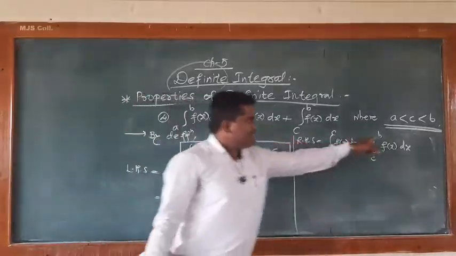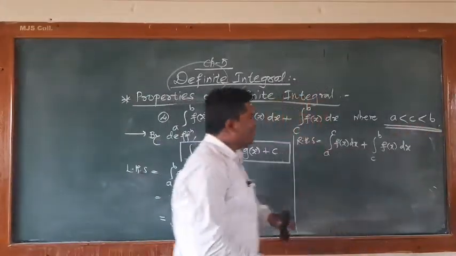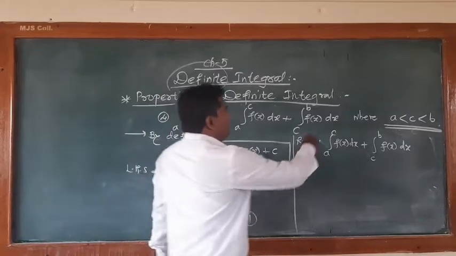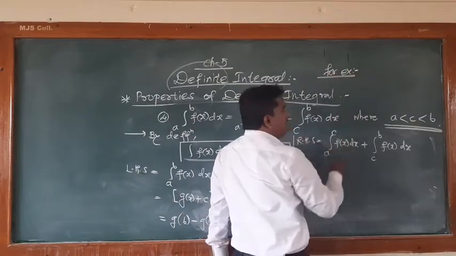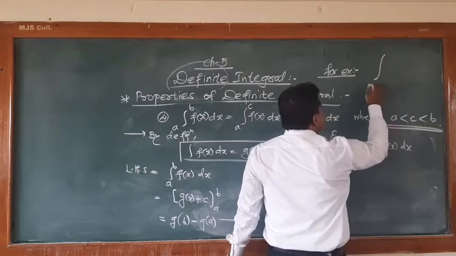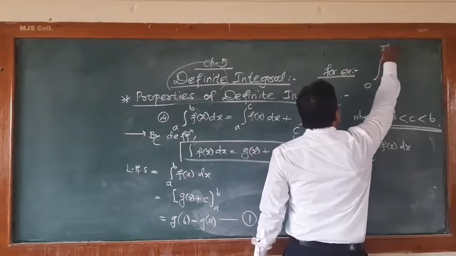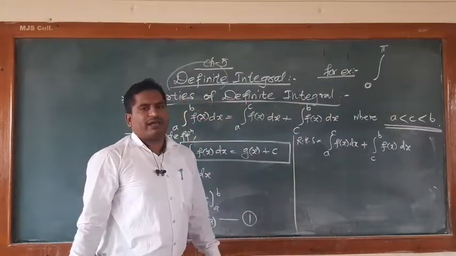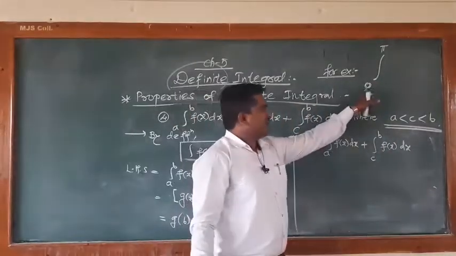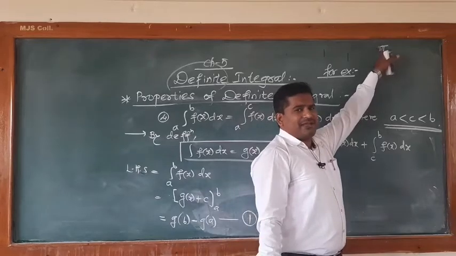For example, when we take the interval 0 to pi, we know that this is 0 and this is 180, that is pi.